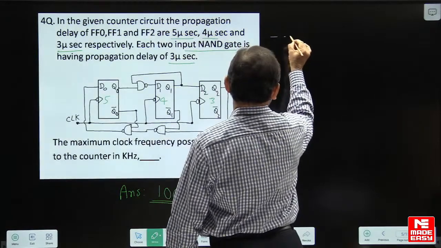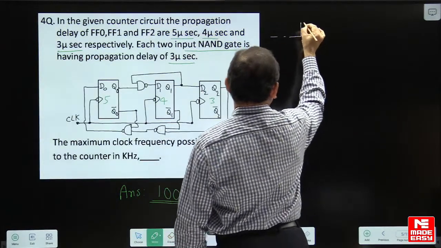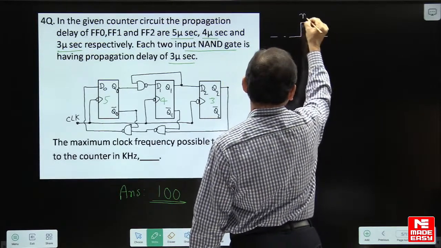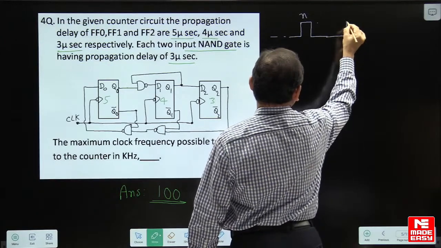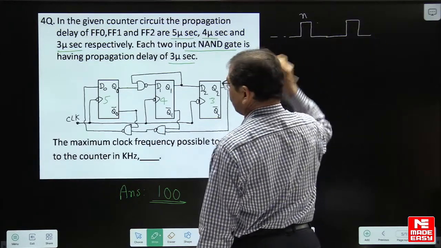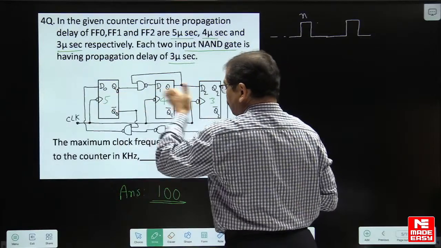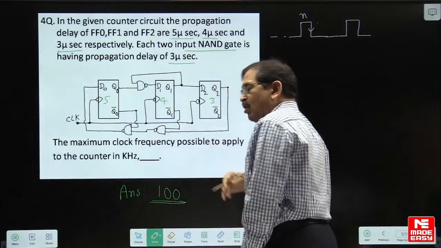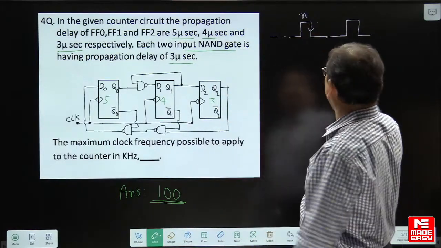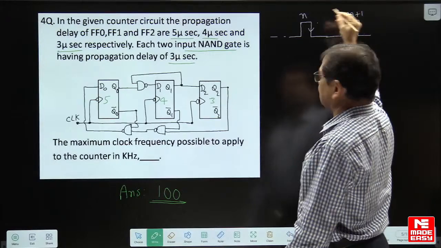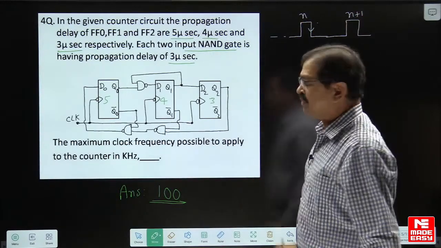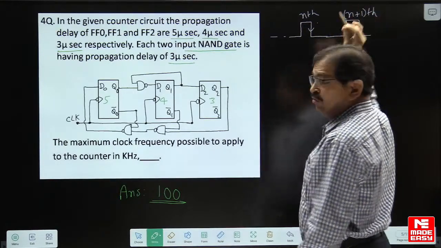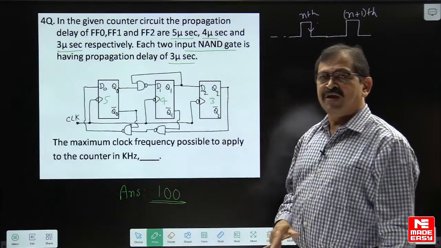Suppose, as we already discussed a couple of times in the class, if we say it is the nth clock pulse, when we apply this nth clock pulse, based on the flip-flop inputs you will have the changes, and of course we have a negative edge trigger. When the clock is falling, you will see the changes. And before applying the next clock pulse, that is n plus 1, what are the changes in the respective flip-flop inputs?